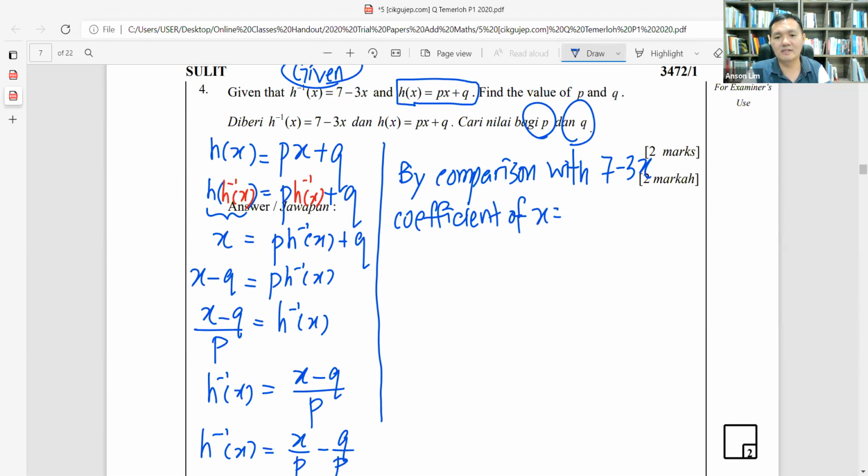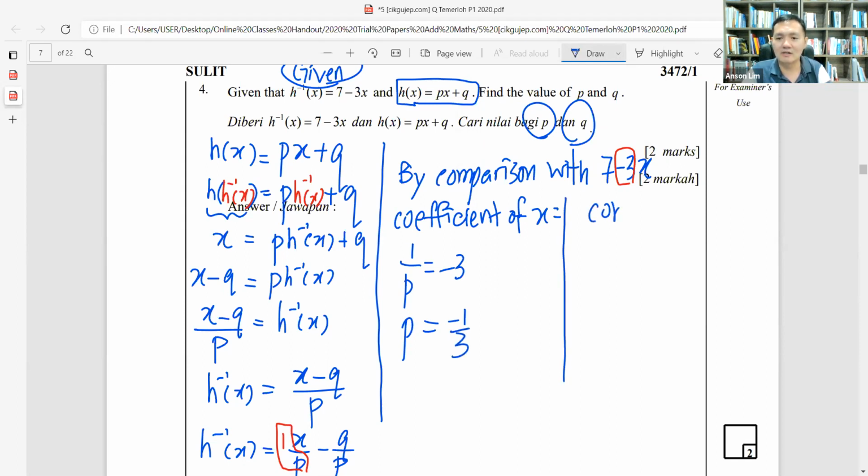Kali x dengan secara perbandingan. Okay, dengan ini you boleh nampak negative 3 equals to, not p, it's 1 over p, because it's actually over p. So that's right, 1 over p equals to negative 3. p equals to negative 1 over 3.